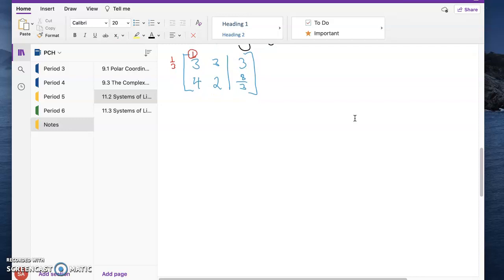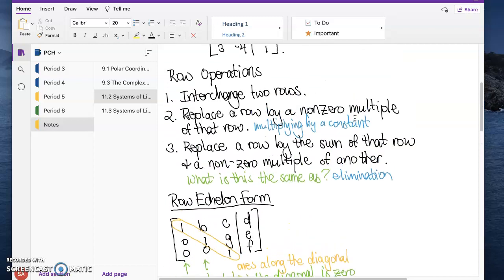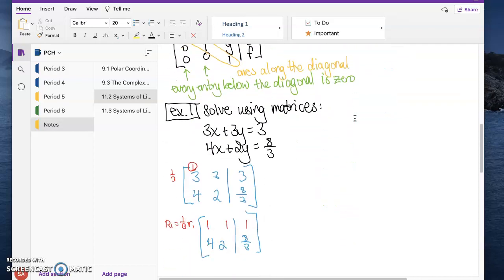If I multiply that row by 1/3, I like to write off to the side, I'm giving myself a new row 1 by multiplying the old row 1 by 1/3. So I'm going to end up with 1, 1, 1. And I didn't do anything to that row. So that's an example of the second row operation, multiplying by a constant.